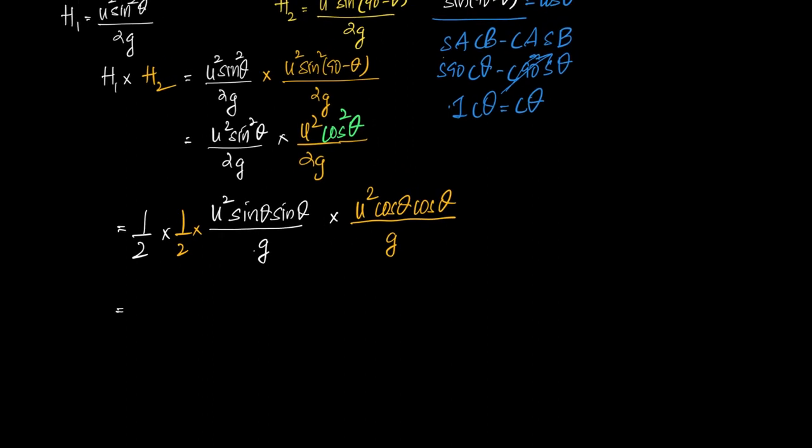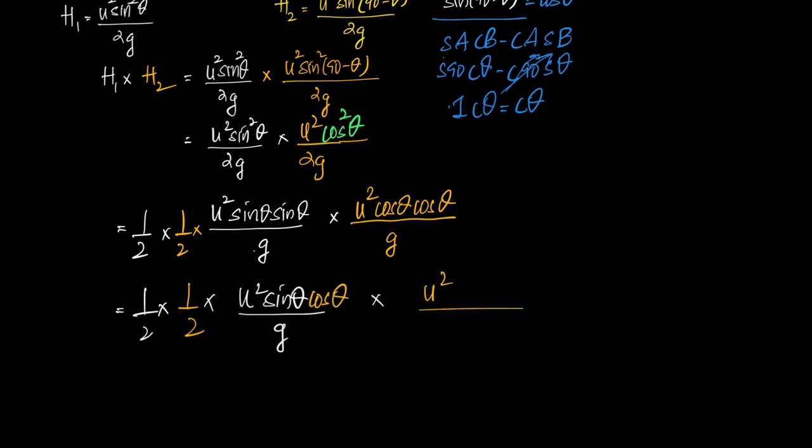What we get is this is equal to half into 1 by 2 into, now I'll make some rearrangements here, u square by g into sine theta into, I'll bring 1 cos theta over here, cos theta into u square by g into cos theta into, I'll bring the other sine theta here, sine theta.